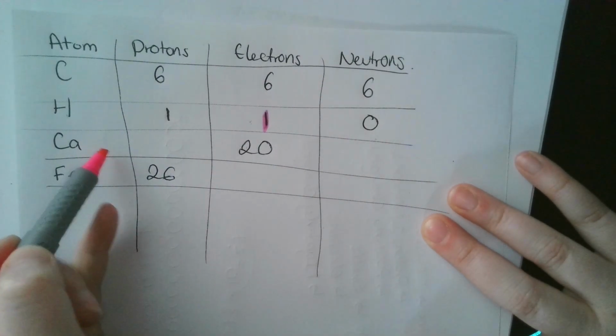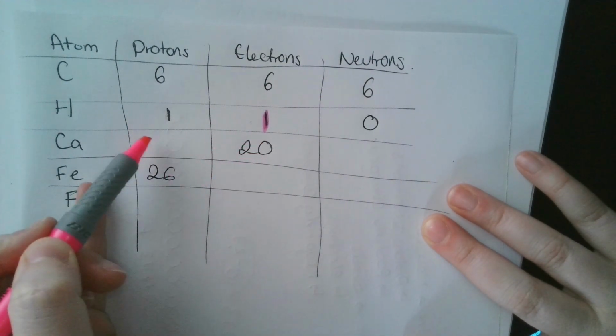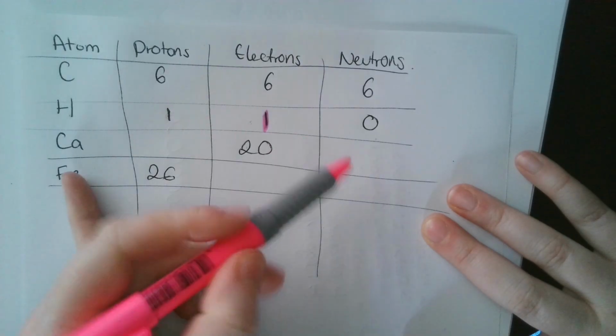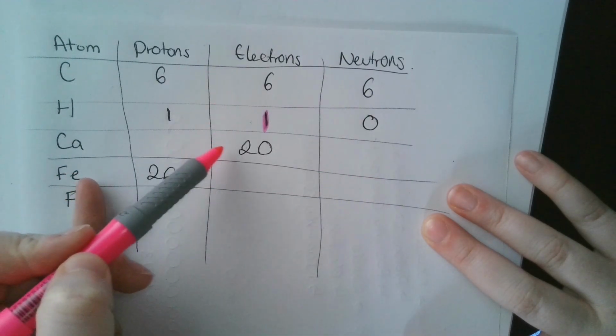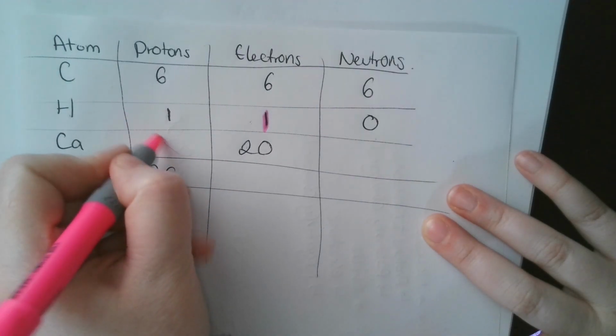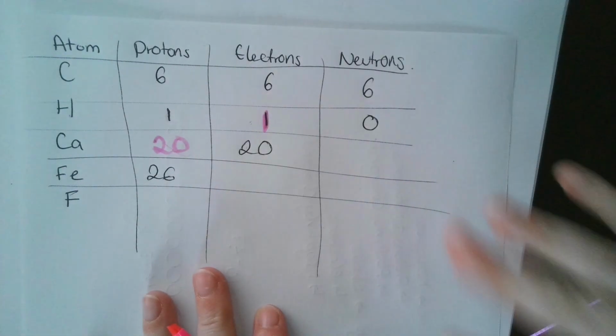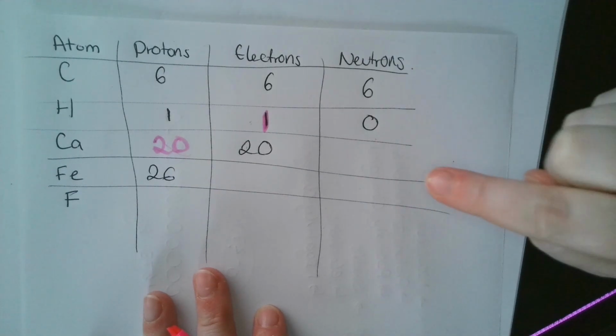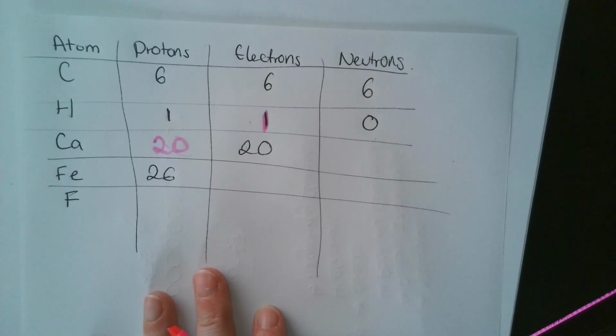Same goes for calcium. So we're trying to find out the protons and the number of neutrons. Well, if we have 20 electrons, we're going to have 20 protons. But to work out the number of neutrons, we're going to have to look at a periodic table.